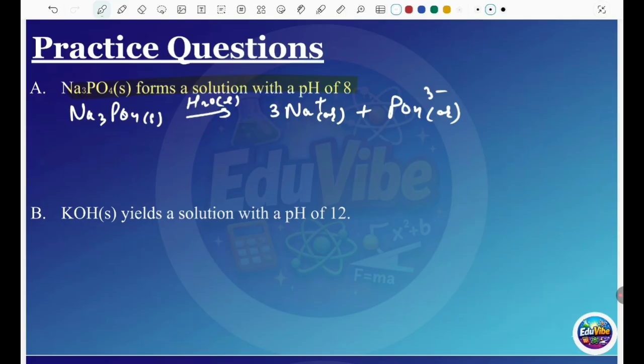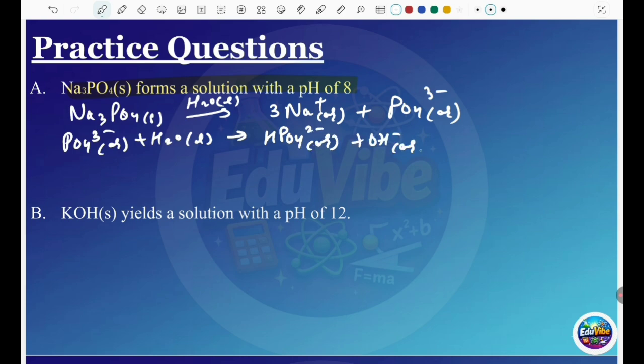Then after that you have to eliminate the 3 minuses and get the 3H. So I have to do 3 reactions. PO4 3- plus water, you will get HPO4 2- aqueous plus OH- aqueous.